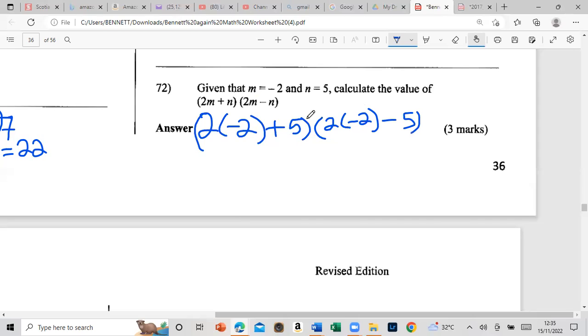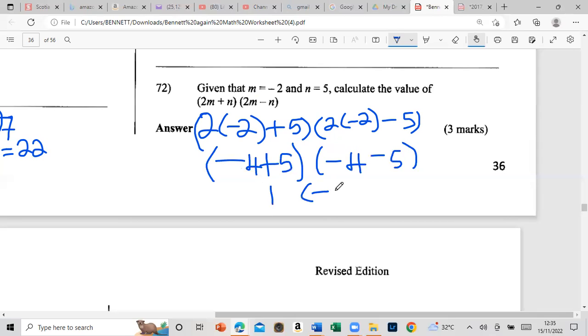So 2 times negative 2 is negative 4 plus 5, and negative 4 minus 5. This works out to positive 1, and this works out to negative 9. So in the end, it should be negative 9.